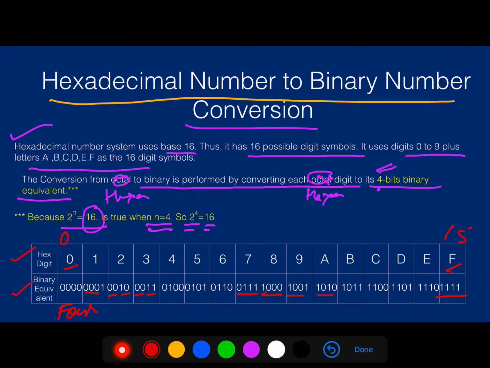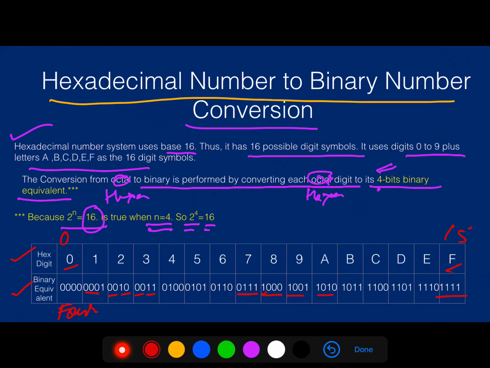Initially you will have to compute this, but later with practice you will always come to know the binary equivalent of these octal numbers or hexadecimal numbers. But for hexadecimal, make sure that it is a group of 4.